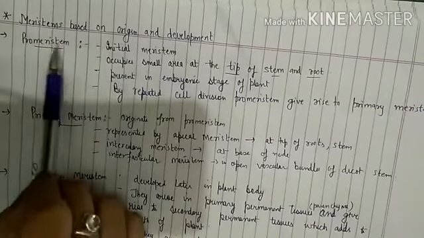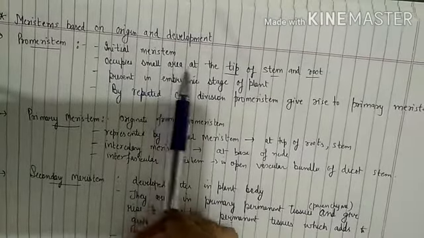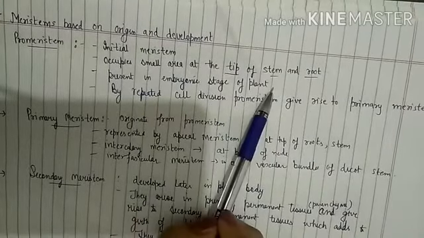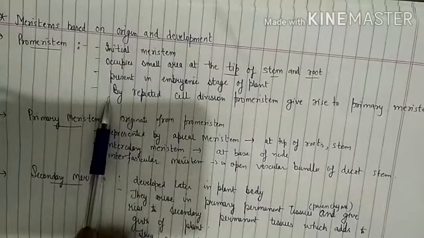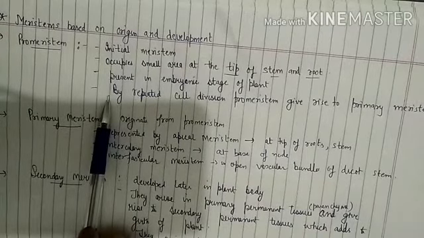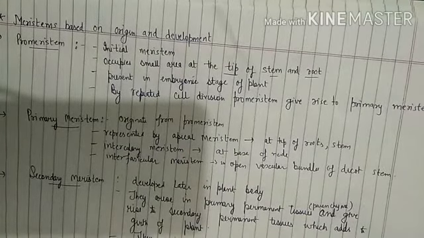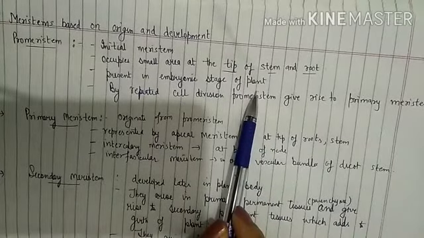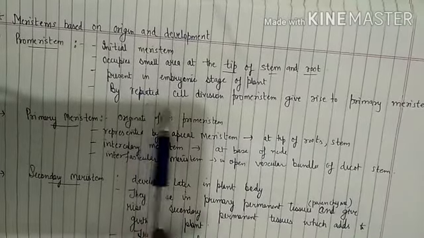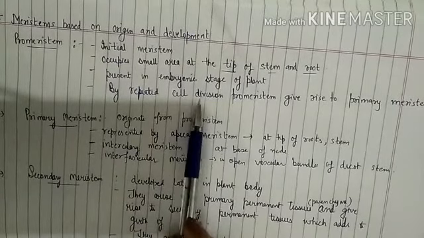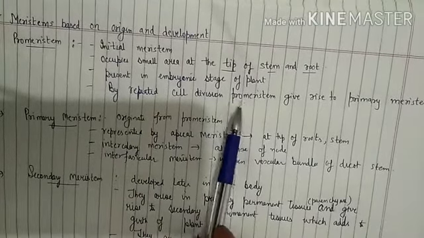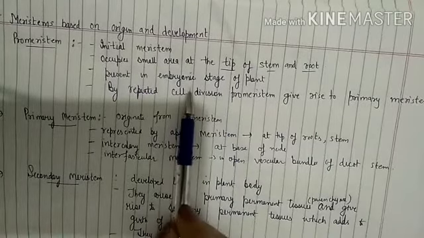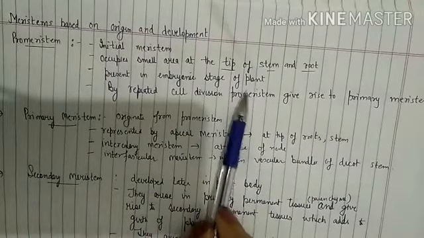And promeristem usually also occupies a small area at the tip of stem or root, and they are found in the germinating seedlings or embryos, and therefore they represent the embryonic stage of plant. Promeristem is also known as primordial or embryonic meristem, since it is present in the embryonic stage of plant.